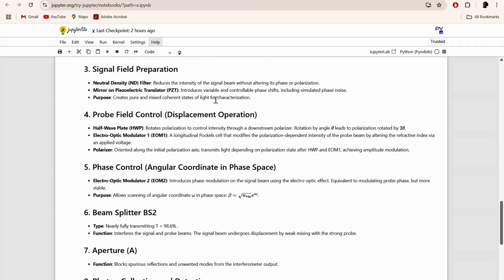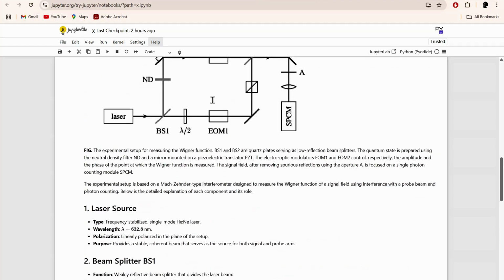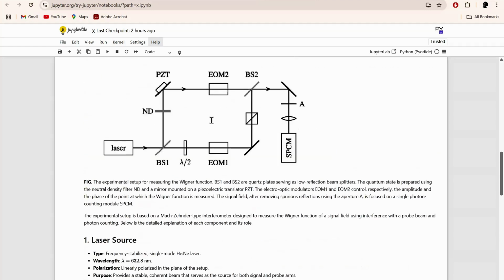So that's how we can control both the amplitude and phase, because our main objective was to find out the Wigner function in the whole complex plane, in the whole phase space. Phase space we can divide into two parts, the amplitude and the phase. From this lower branch we can control the amplitude, and from this upper branch we can control the phase. That's how we are able to scan the whole phase space.